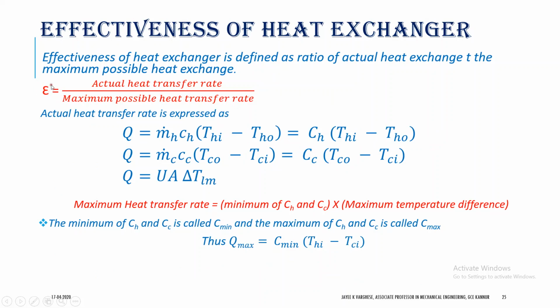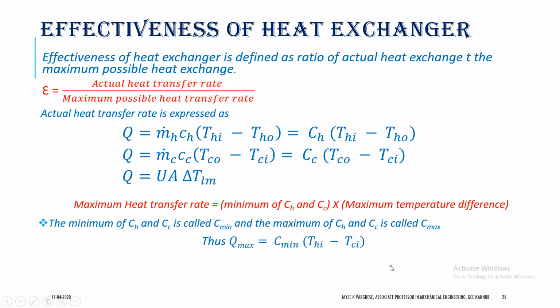So if we can somehow calculate epsilon even without knowing all the four temperatures, actual heat transfer can be written as epsilon into maximum possible heat transfer rate. And the maximum possible heat transfer rate is always given by the minimum heat capacity into Thi minus Tci. Thi and Tci will be known in all the cases.